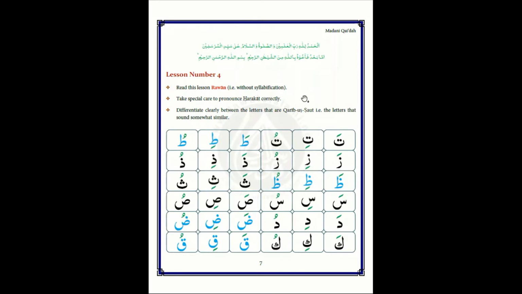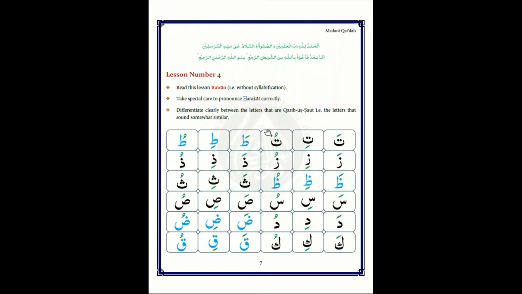Okay, so we call these Karibu South letters. These 16 letters are Karibu South. What that means is the sound is similar.